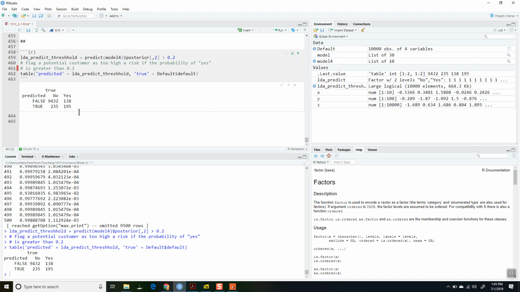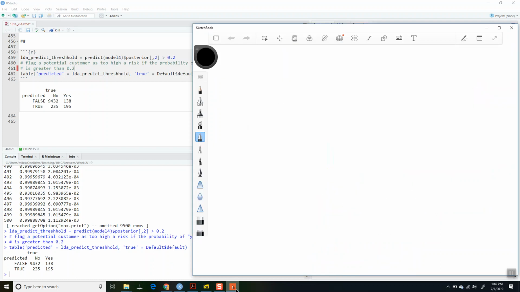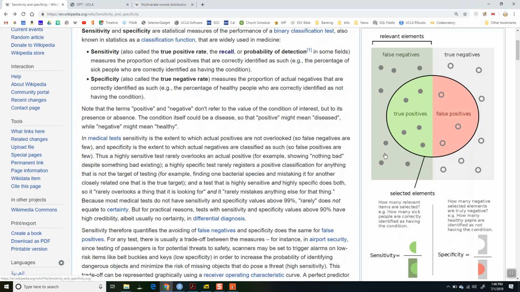So this is the diagram we have now, and let me copy this image again.